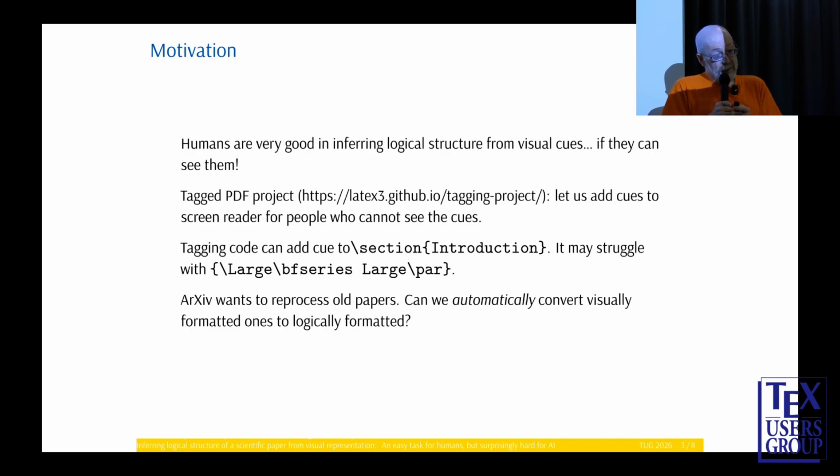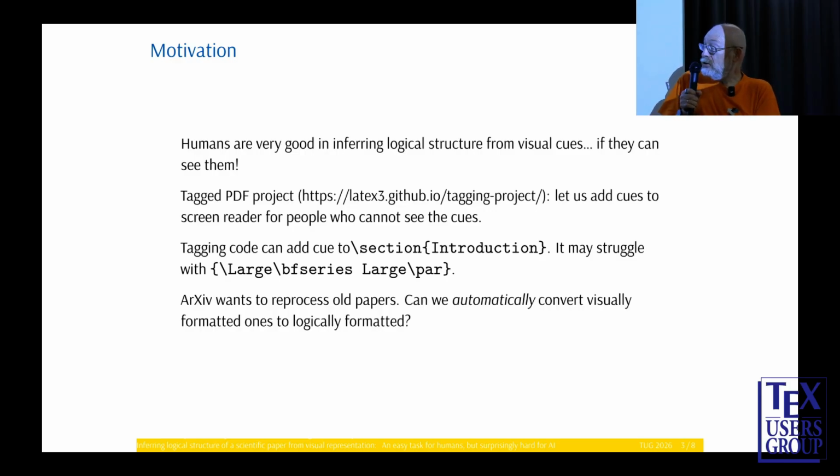And our big motivation is related to another project you already heard about today, the arXiv reprocessing project, when they wanted to take most of the old papers and reprocess them to make them accessible. And again, our question was, what happens if you have only visual formatting?